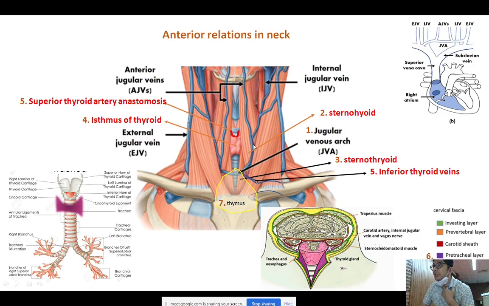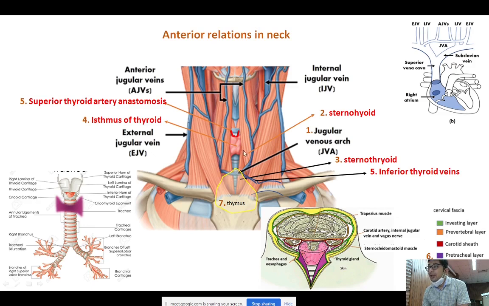These anterior jugular veins are connected through the jugular venous arch. These veins lie within the superficial fascia, so they are superficial to the deep fascia, just above the cervical fascia. So the jugular venous arch is our first relation.